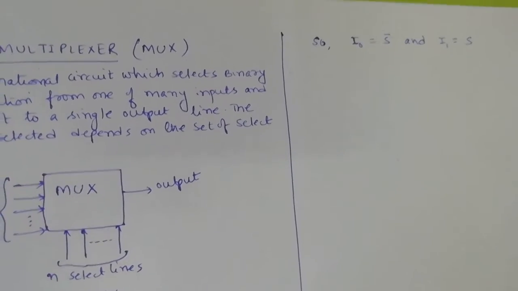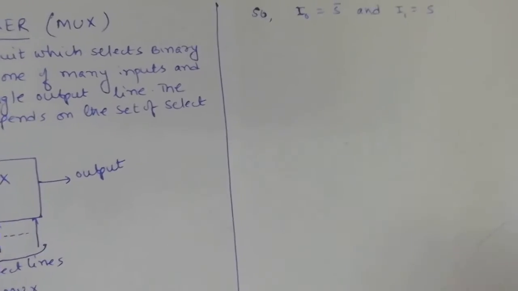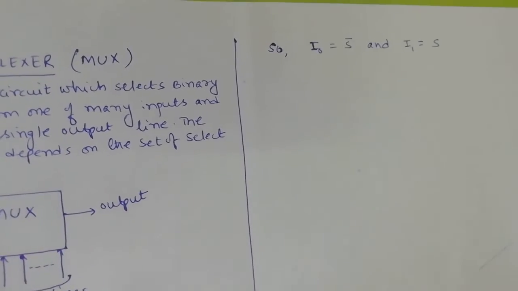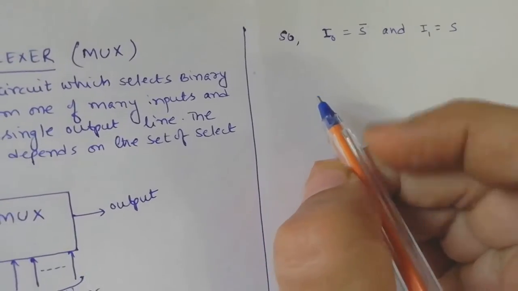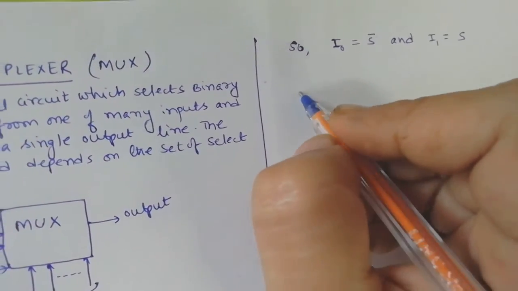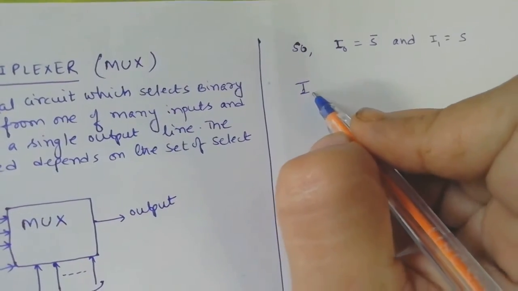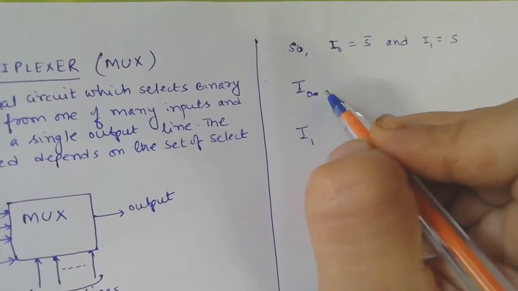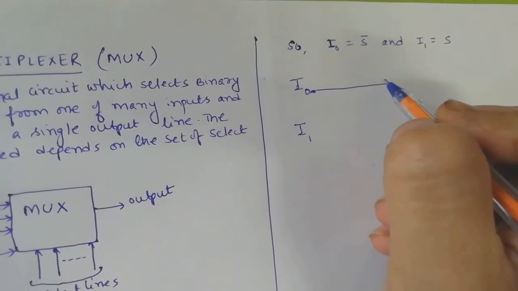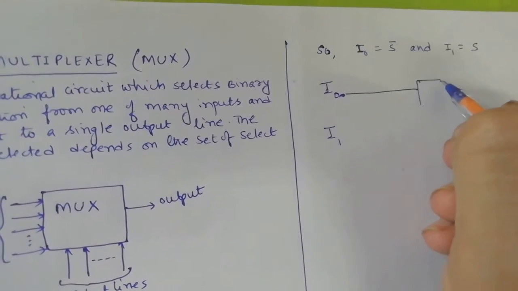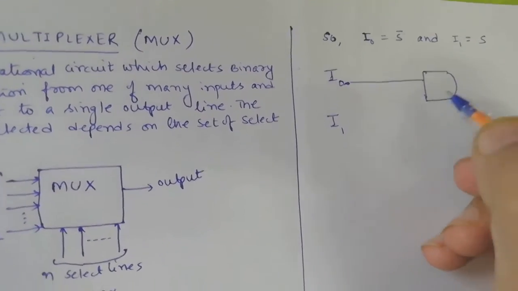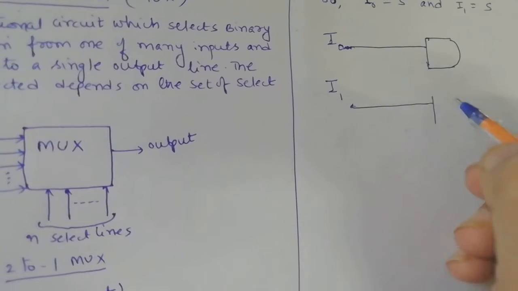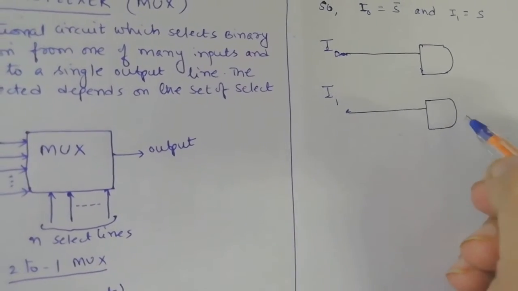Now let us draw the circuit diagram for this 2 to 1 multiplexer. I am taking I0 and I1. I0 I am connecting to one of the AND gates, and I1 I am connecting to another AND gate.